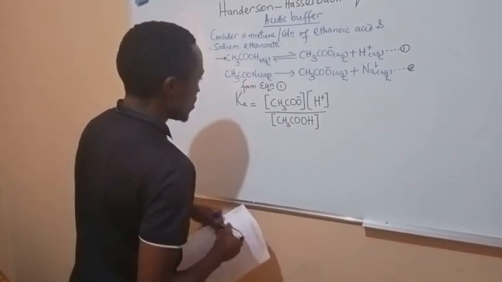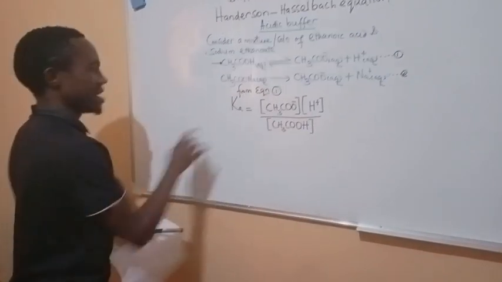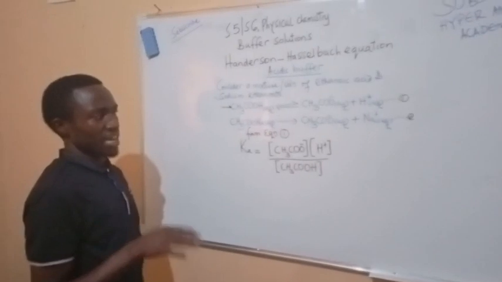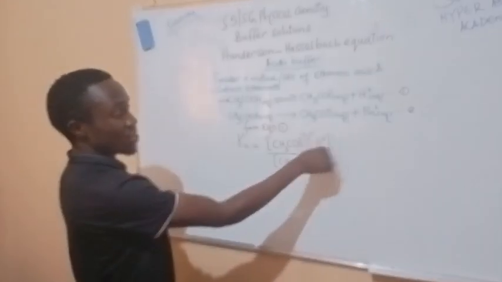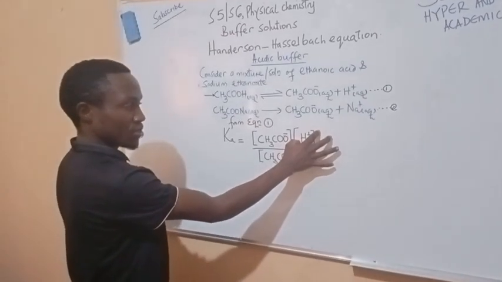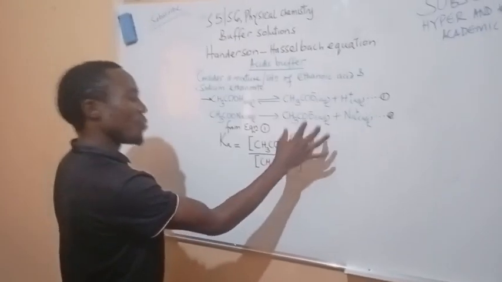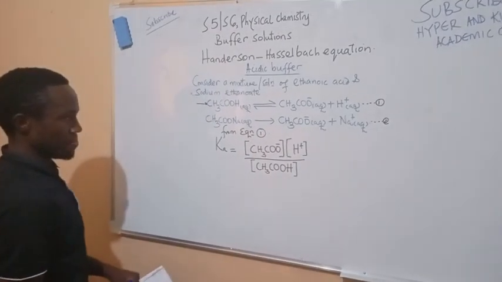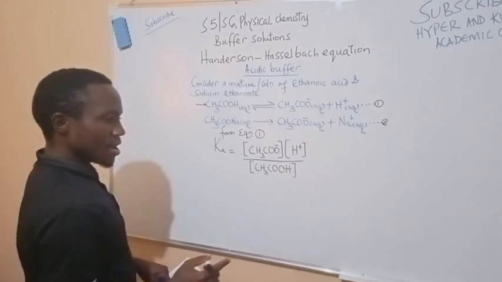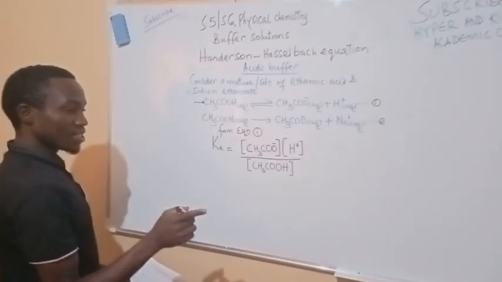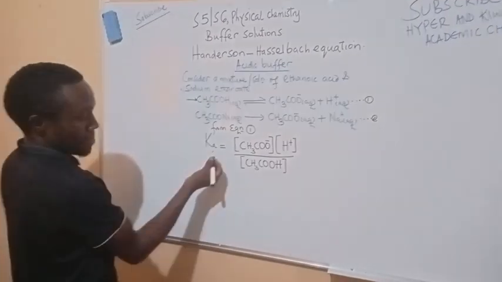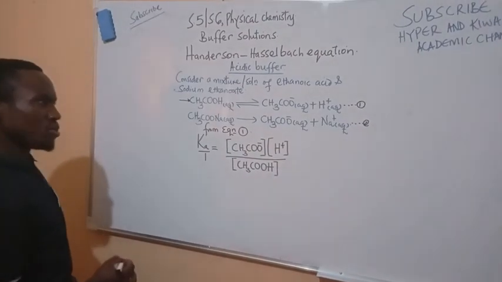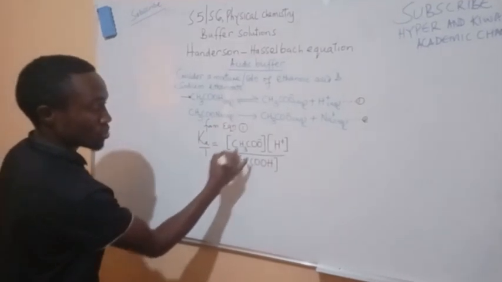But remember, we use this to calculate the pH of these solutions. And pH itself means the hydrogen potential, so we are looking at the hydrogen ion concentration. So what we are going to do is make hydrogen ion concentration the subject of this formula. If some cases confuse you, here we do cross multiply.